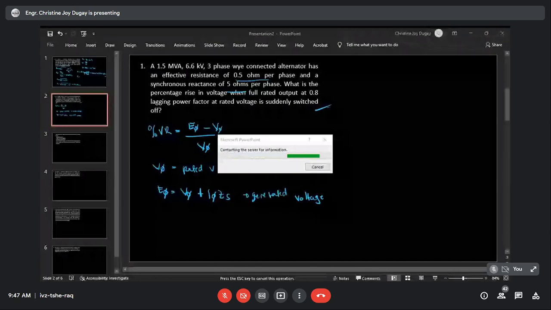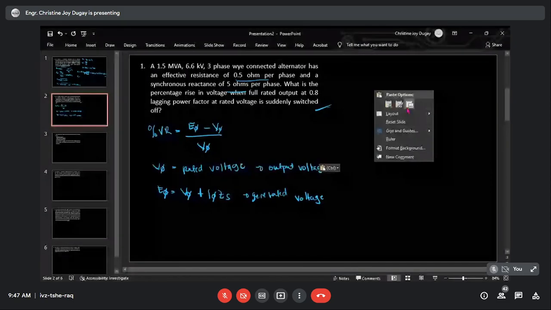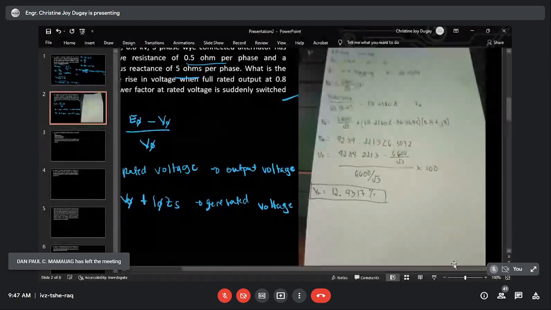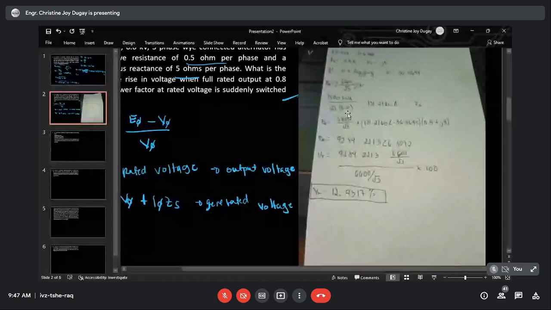Visible po ba? So meron na tayong value ni RA, meron na rin XS, or that is the synchronous reactance. So the only thing here you have to find is the value of current, which is from the S, or that is the volt ampere po natin.